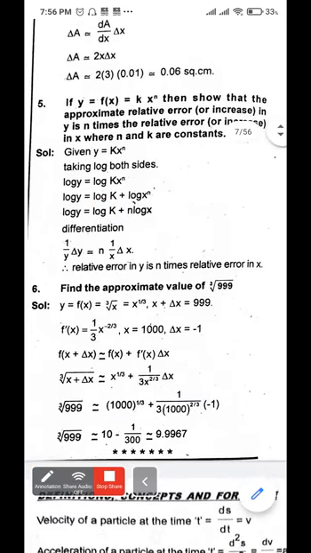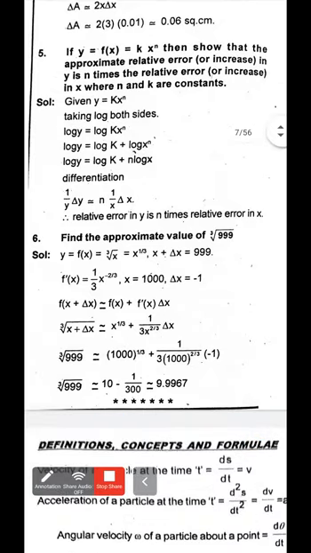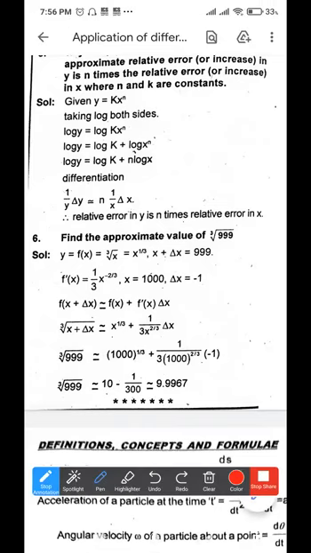Find the approximate value of cube root of 999. Okay, cube root of 999. So first of all, what should we do? Cube root of x is equal to x power 1 by 3. Then we can write x plus delta x is equal to 999. Then which is the nearest cube?